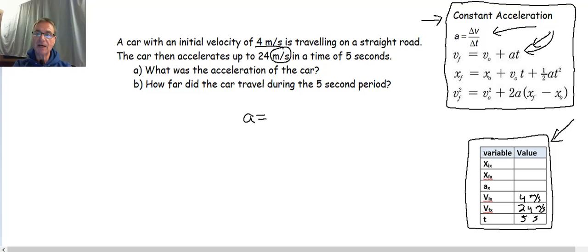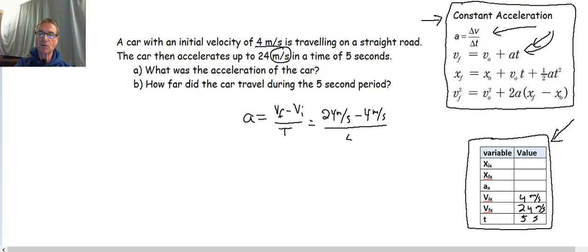Because change in velocity is just v final minus v initial. But let's use the top one. So acceleration is v final minus v initial divided by the time it took to make that change. And so v final in this case is 24 meters per second. V initial is 4 meters per second.